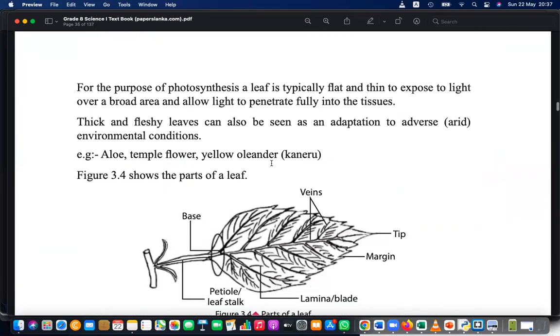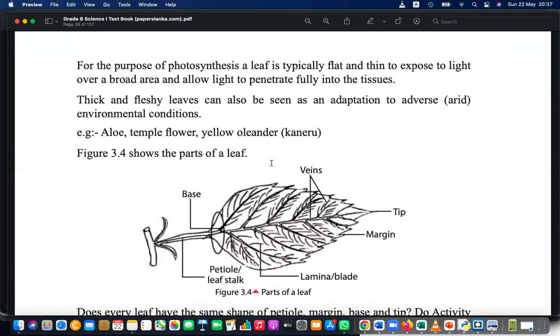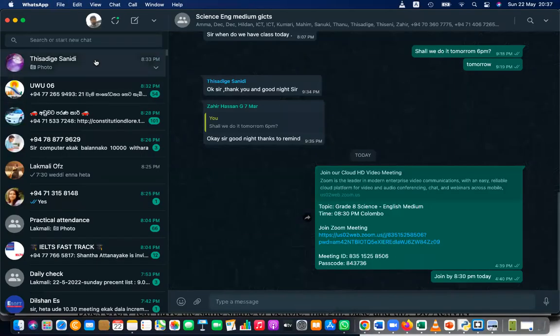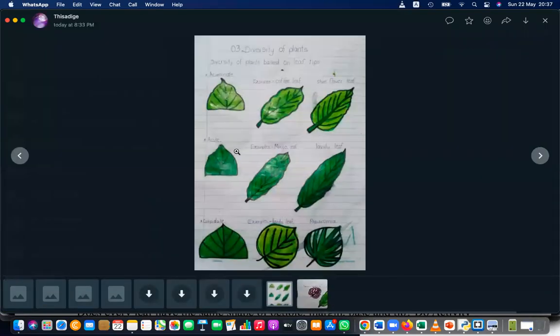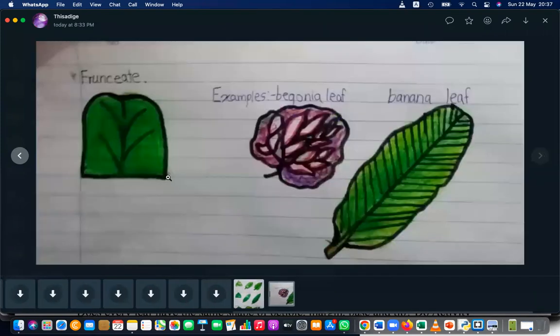I gave an exercise, and I saw that you sent me that categorization. Yes, this is what you drew. It's okay; if you can find pictures and stick them, that will be okay.